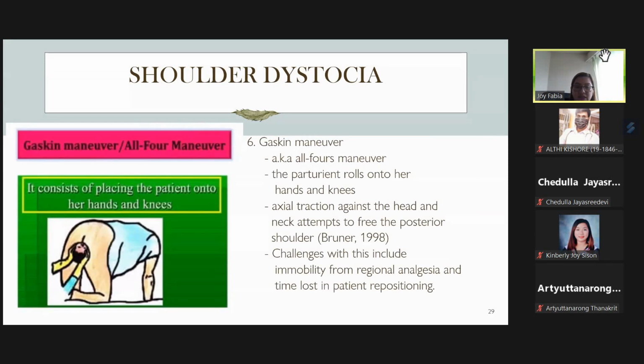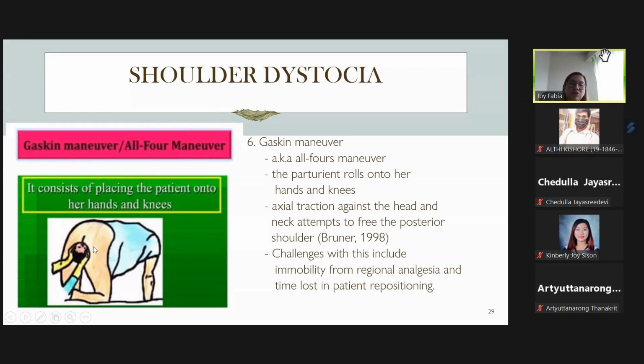And in case hindi pa rin siya effective, we can move into the Gaskin maneuver. The Gaskin maneuver is also known as the all-fours maneuver. The parturient, or the mother, rolls onto her hands and knees. So, ganyan yung position niya. And there is axial traction against the head and neck, and attempts to free the posterior shoulder.